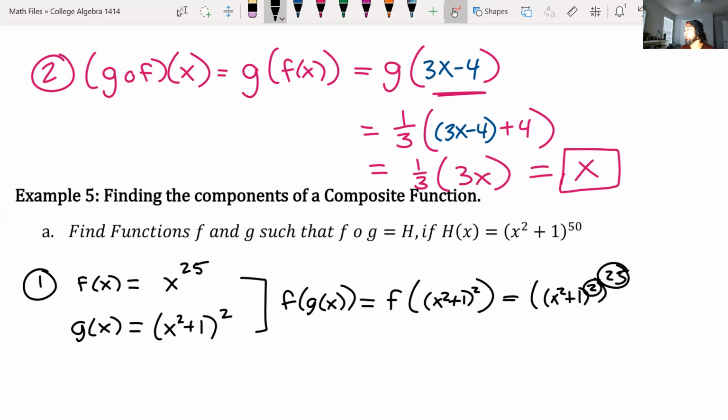Powered to a power, you multiply those, and what would we end up with? X squared plus 1 to the 50th. That checks out, man. Good. And again, that's one of many options.